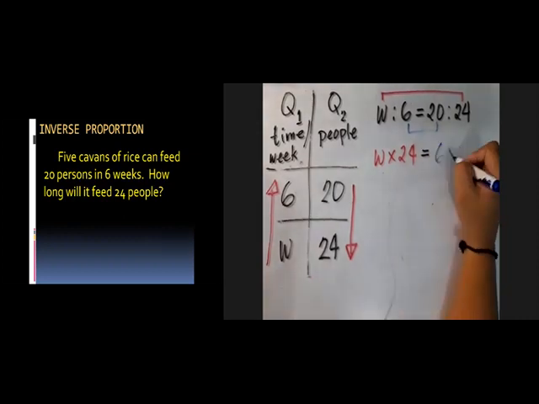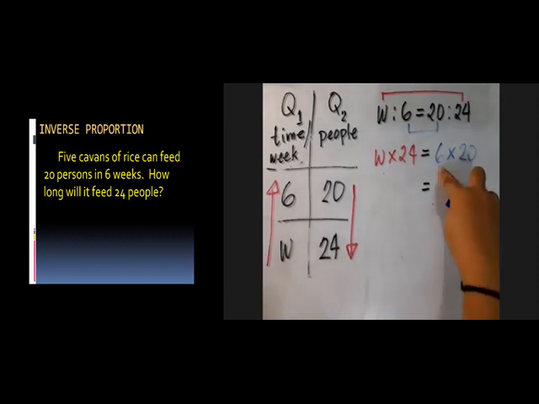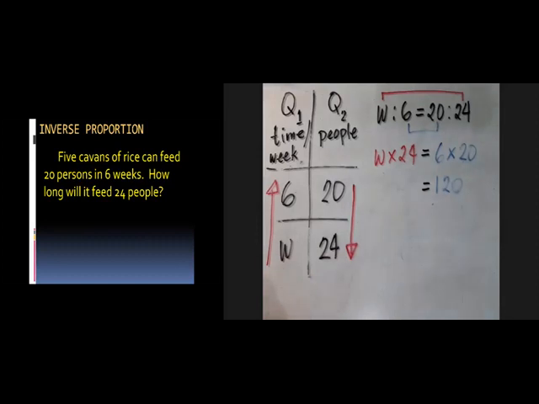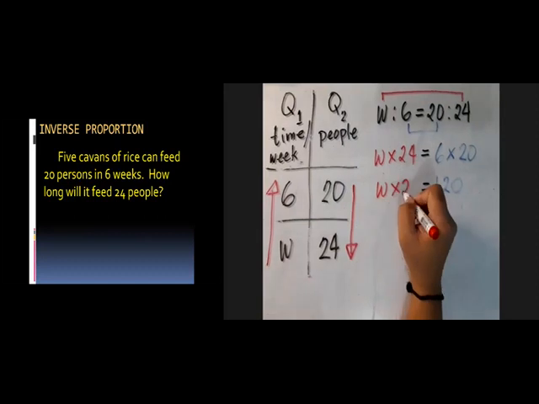So 6 times 20. So, tignan ninyo, alin ang pwedeng computein? Siyempre, yung parehong numero, which is 6 and 20. And what is 6 times 20? It's 120. And that is equal to W times 24.